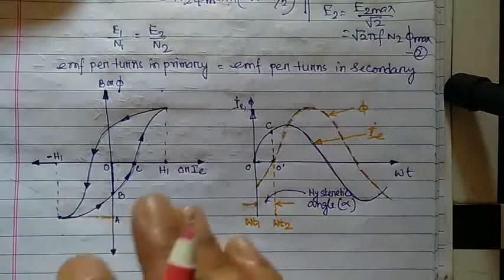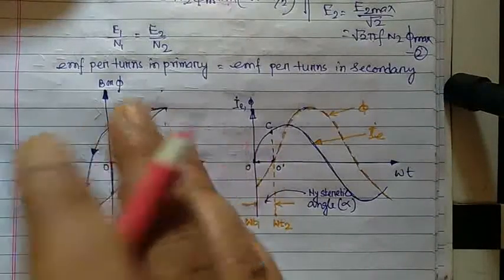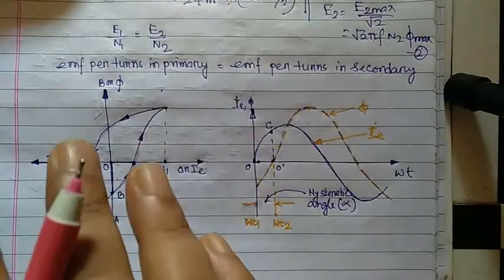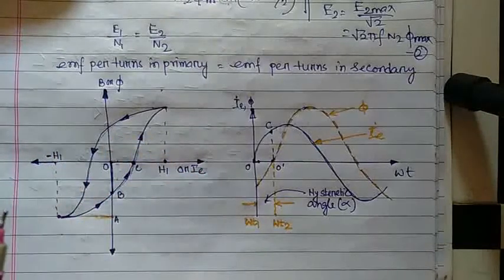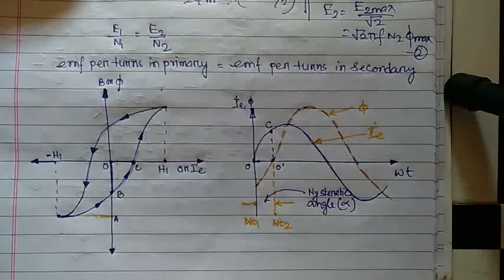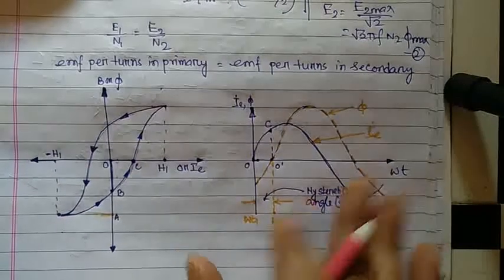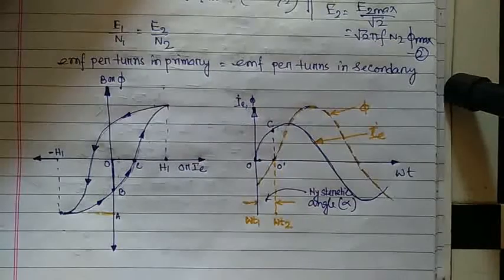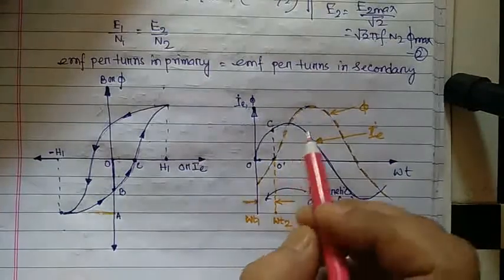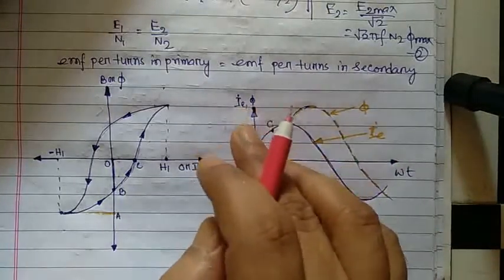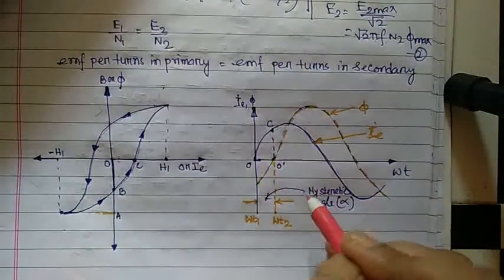So IE leads the magnetic flux or flux density at an angle, that is the hysteretic angle. So very simple.